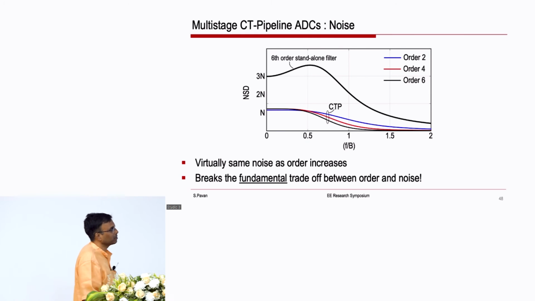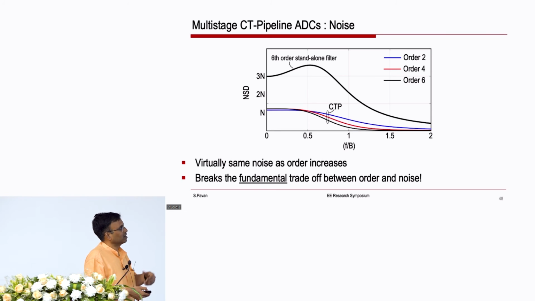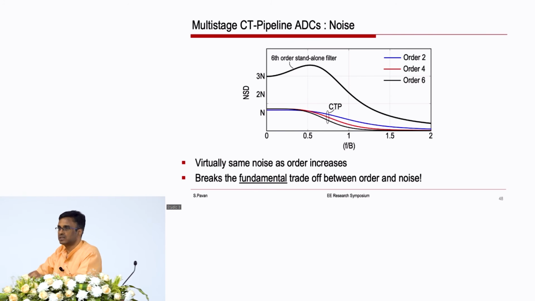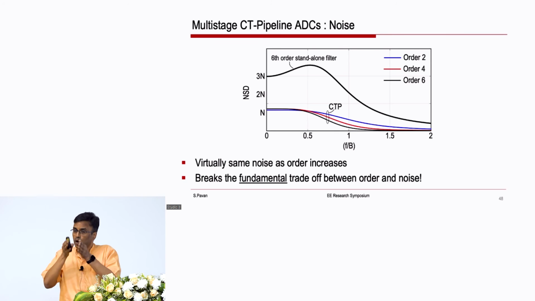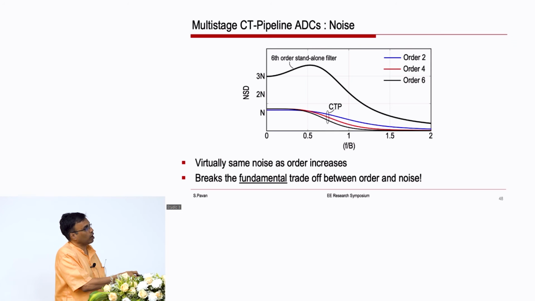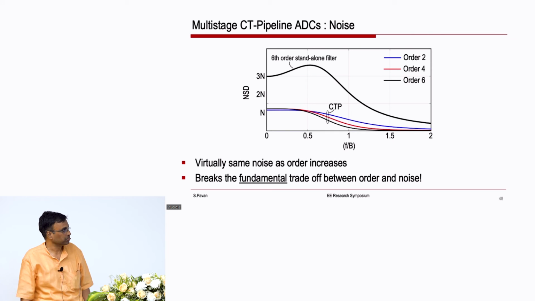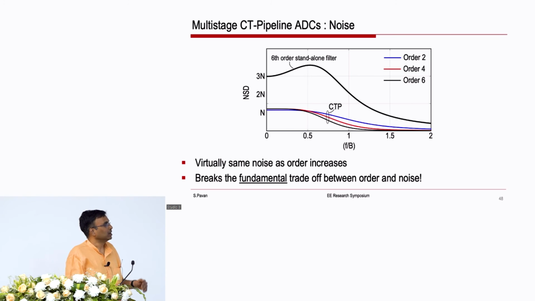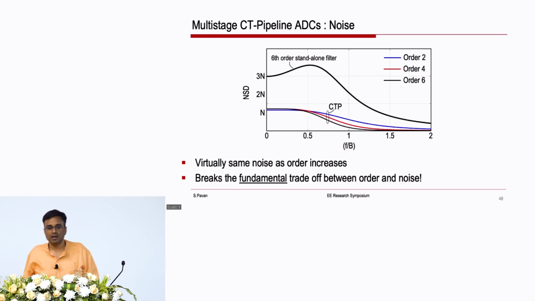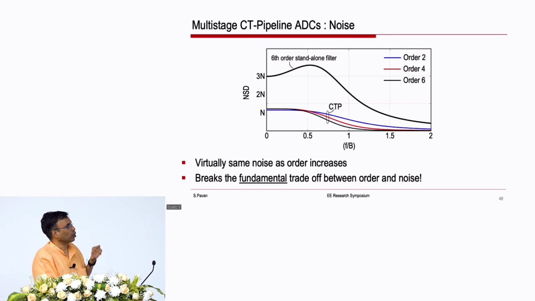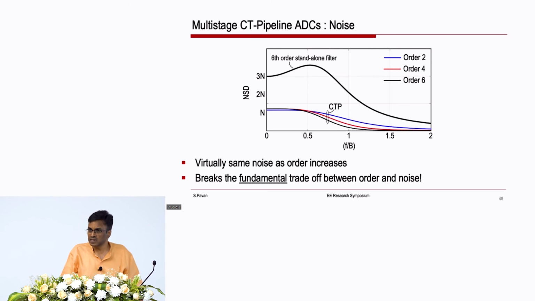So here, for example, remember, in our standalone filter, when we cascaded 3 identical sections to get the sharp roll-off, each one of those filter sections was adding noise. And therefore, the noise spectral density at the output of the standalone filter is 3 times that of a single section. On the other hand, with a continuous time pipeline, you cascade 3 sections and you get the same sharp filter response, but the noise remains largely unchanged.